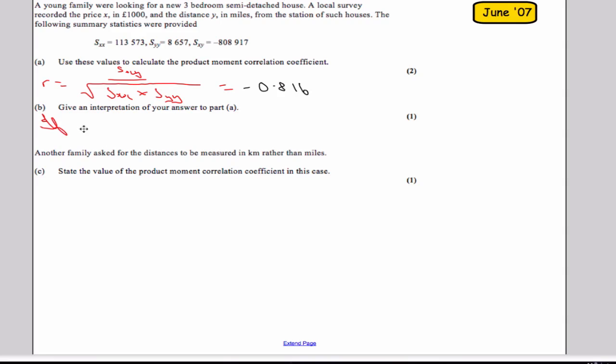So let's say the closer the house is to the station, the more expensive it is.